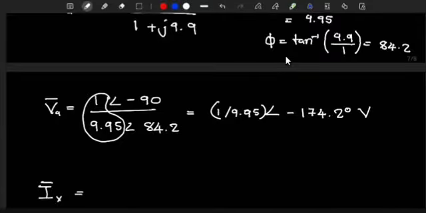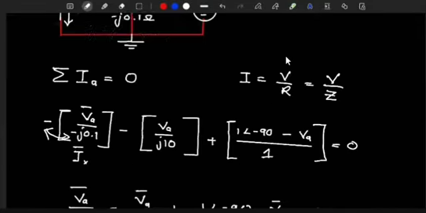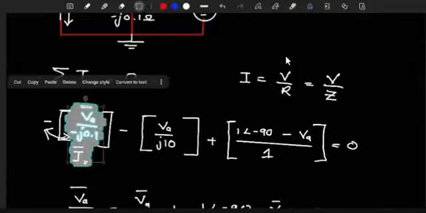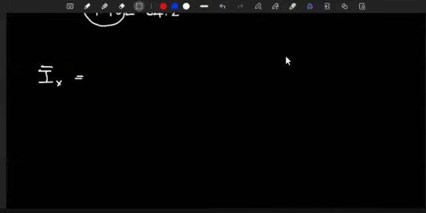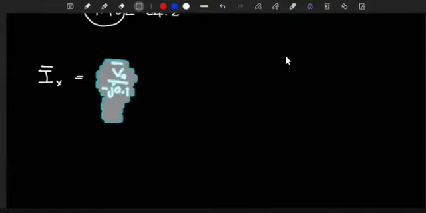But how do we get Ix? Remember when we started, I did point out that Ix is this. Do you remember this? So to get Ix, we just need to now divide the peak, the VA by that. So this is what we have.